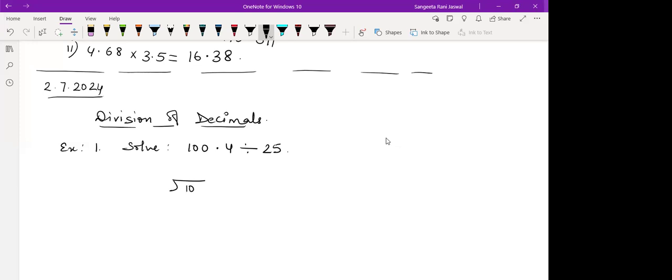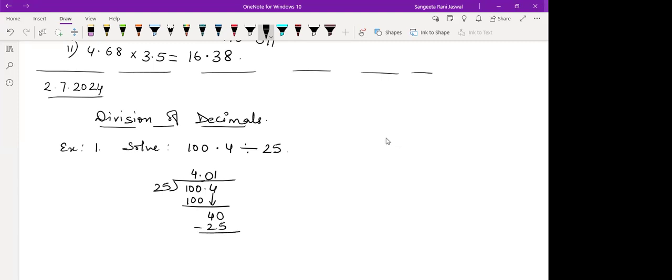Okay, let's do this. 100.4 divided by 25. 25 into 4 will give us 100. Now we drop down 4, and we have a decimal point here, so we'll put our decimal point here. Now this 4 is not divisible by 25, because 4 is not a multiple of 25. So we will add a 0. This is like the normal division you have done previously. Next, 25 with 1 we can take.